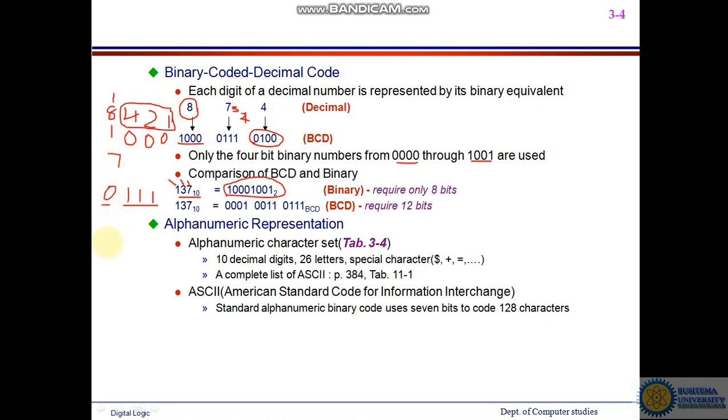Anyway, when you convert 137 to binary, you're going to get something like this. But when you convert the same number 137 to BCD, you're going to get this, and therefore they are not the same.